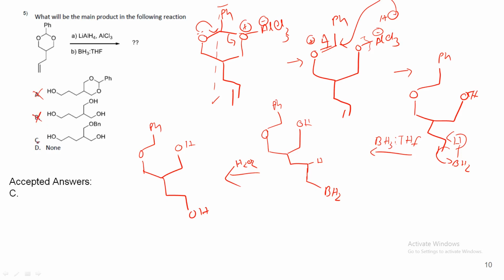So not correct. Here you can see this is correct because OH is still there and the rest of the things are intact. Here I have missed one carbon, so there should be 3 carbons, and that's how C would be the right answer.